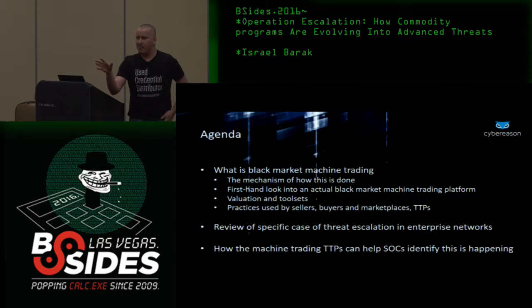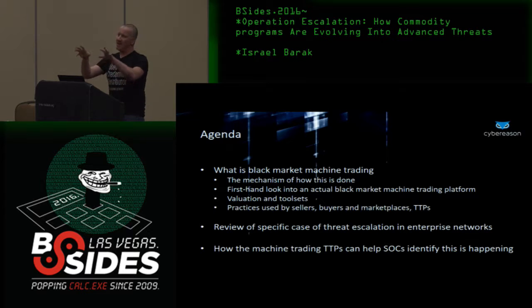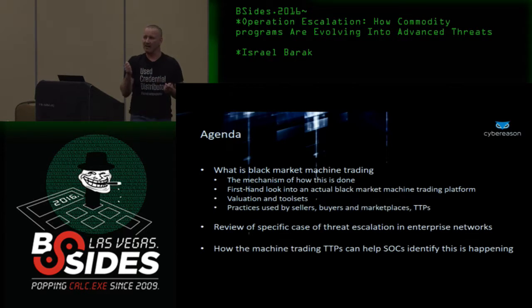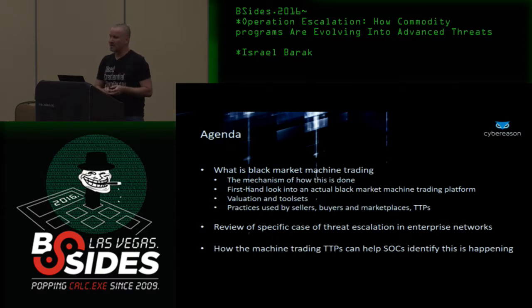To address this topic, we will first talk about the black market machine trading industry. We'll drill down and get a good feel for what a black market for machine trading is, how it works, the exact methods of operation, and what the targeted attacker can find on one of those platforms. We'll look at the processes for valuation.